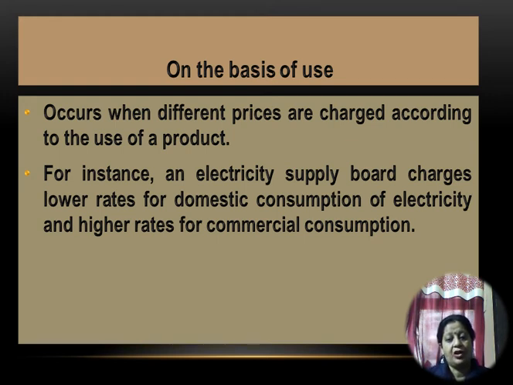If the connection is commercial, then the rate per unit differs, and if it is for domestic consumption, then the rate per unit differs. So this can be the best example of price discrimination on the basis of use.